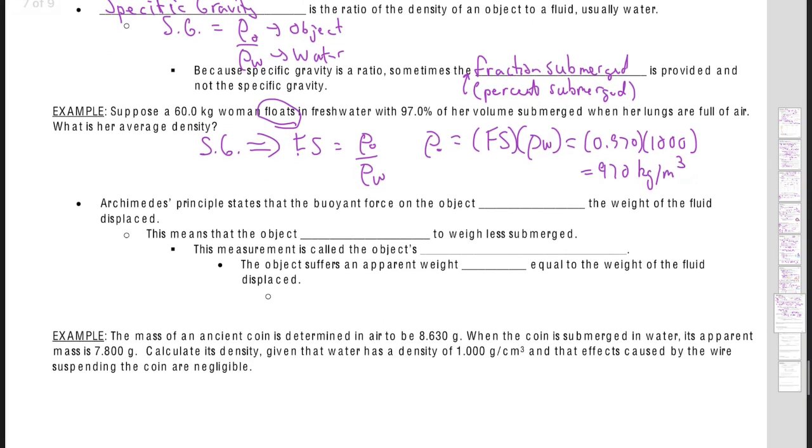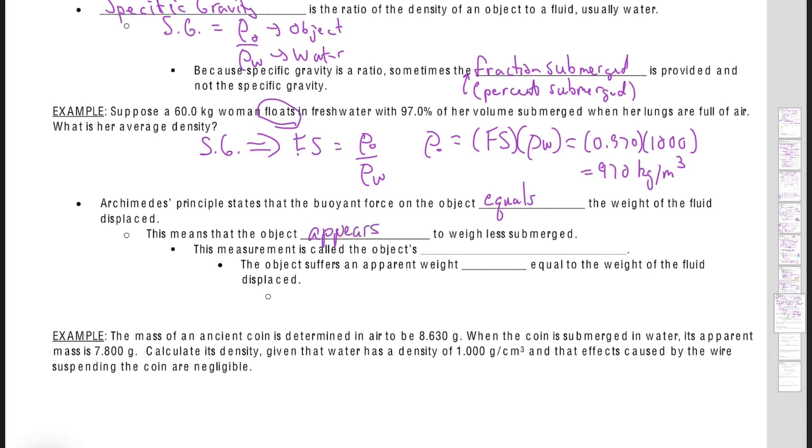Now, Archimedes' principle does state that the buoyant force on the object equals the weight of the fluid displaced. So that means that the object appears to weigh less when submerged.